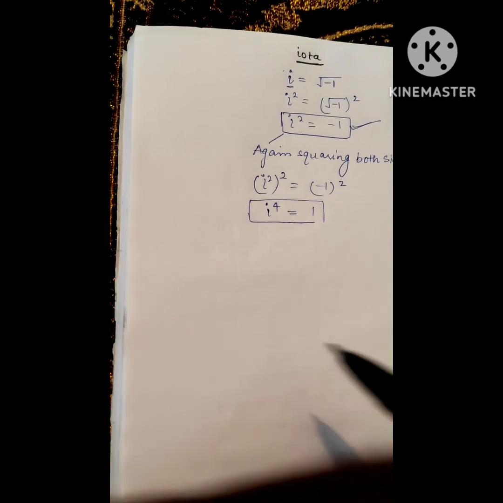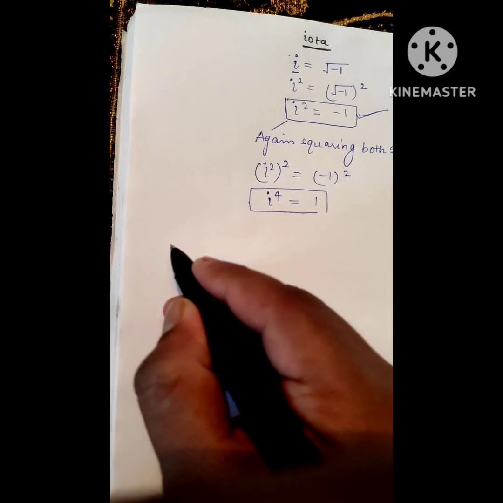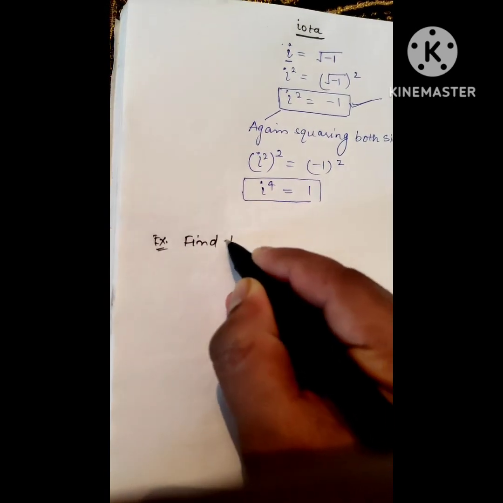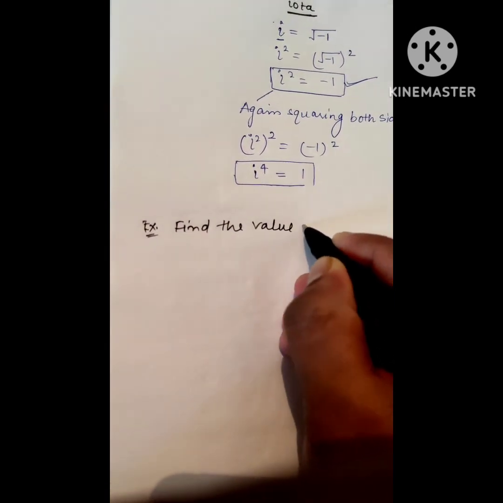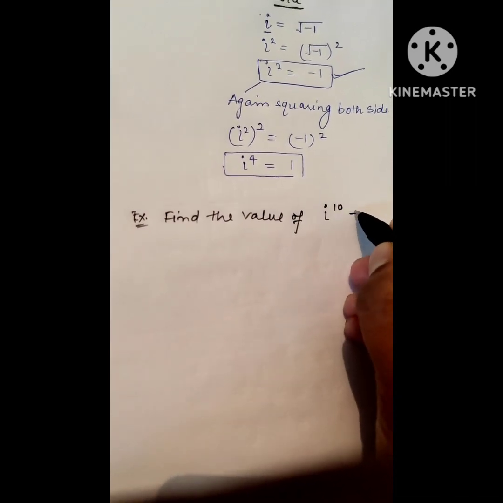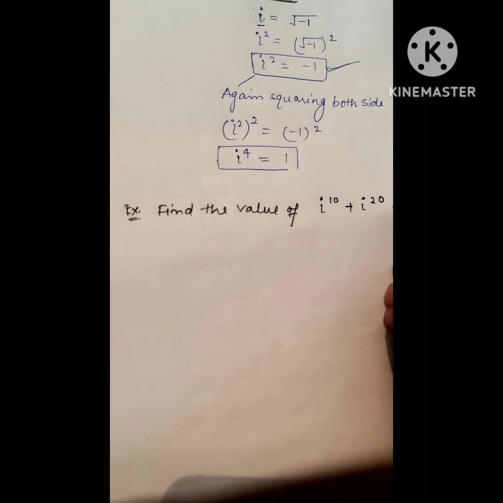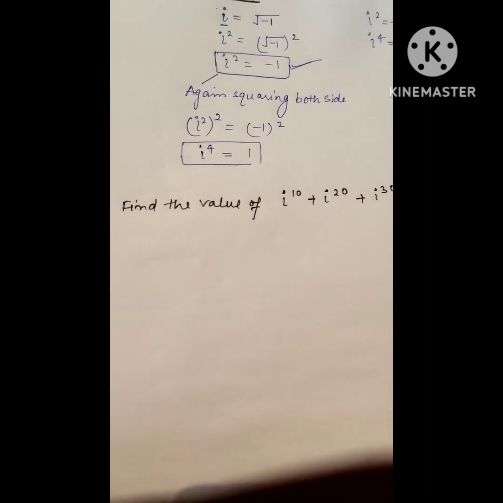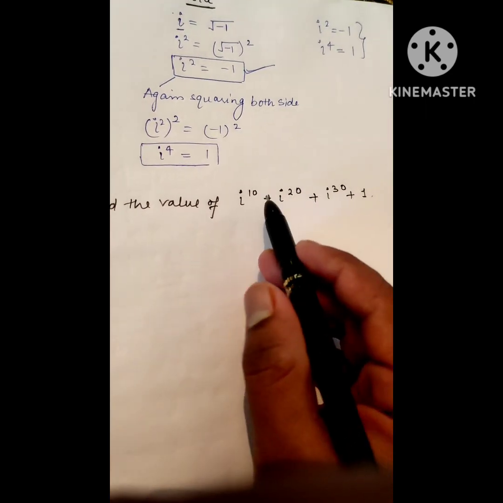Now discuss one question on iota. Find the value of i to the power 10 plus i to the power 20 plus i to the power 30 plus 1. So what is i to the power 10?